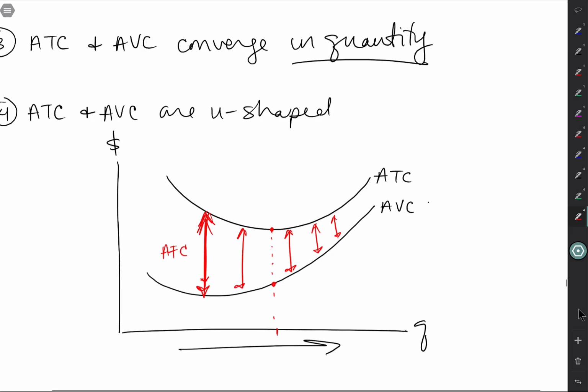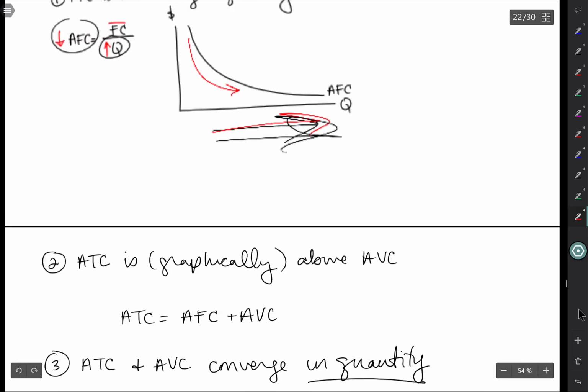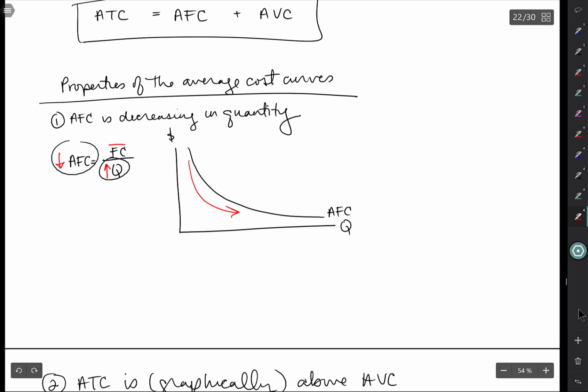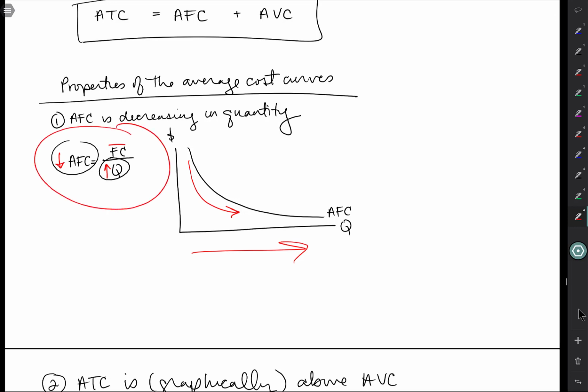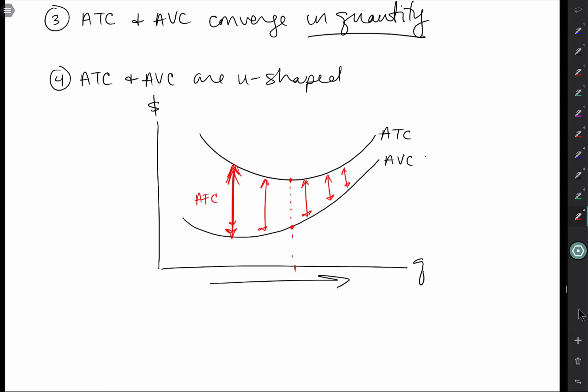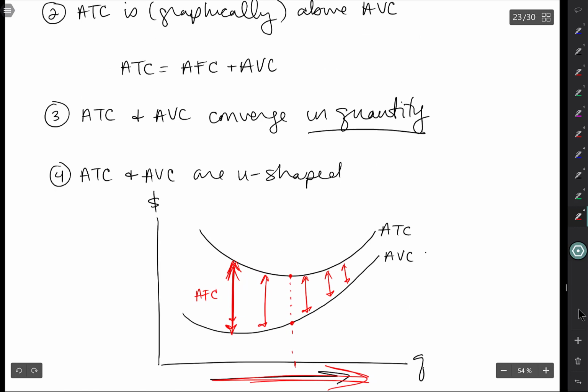Because the gap is average fixed cost, and according to number 1, which makes a whole lot of sense, average fixed cost is decreasing in quantity, because as we produce more, we're spreading that fixed cost across more units. Therefore, average fixed cost has to go down as we produce more. The gap is average fixed cost, so it better be that the gap is getting smaller in quantity as we produce more. So that explains number 3.